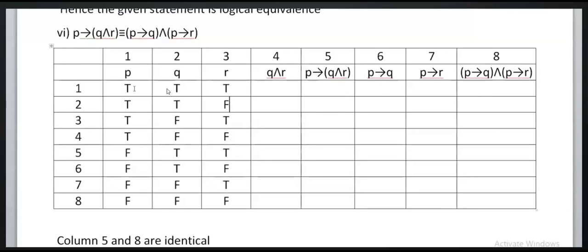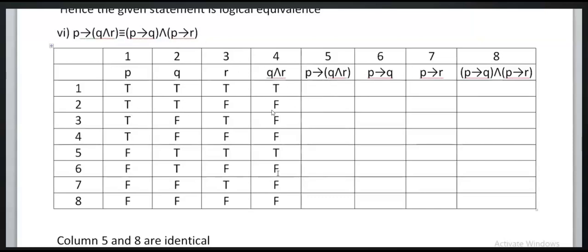Now we'll find out Q and R. TT is T, TF is F, FT is F, FF is F, TT is T, TF is F, FT is F, FT is again F, and again this is F. Next is P implies Q and R. Now T implies T, it is true.